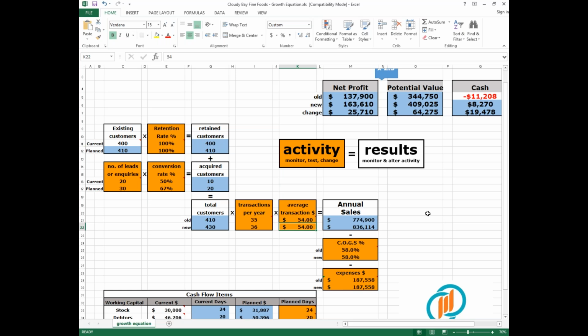Now, a lot of clients get really concerned when we make that recommendation. They're worried about losing all their customers. But if you think about a 5% price increase, and in Nigella's case, that's probably going to be about $2.70 on a $54 transaction. A 5% price increase is not going to be much.